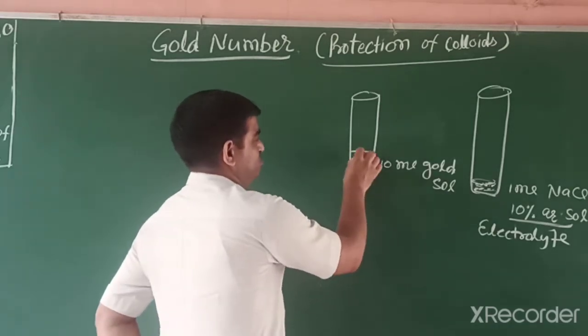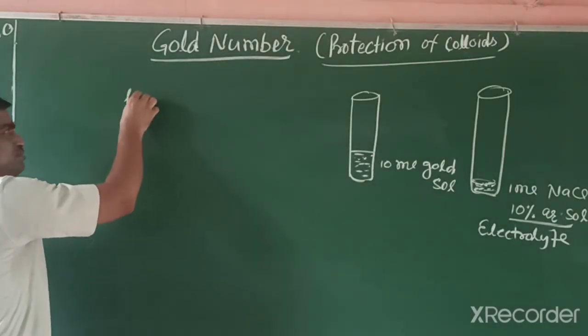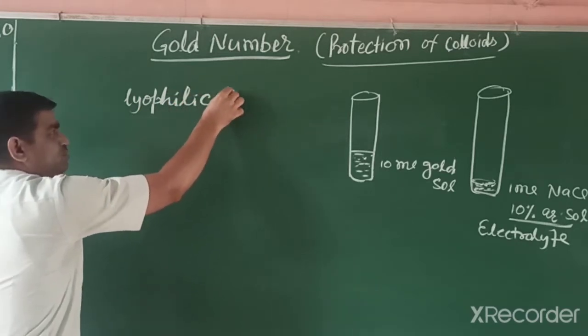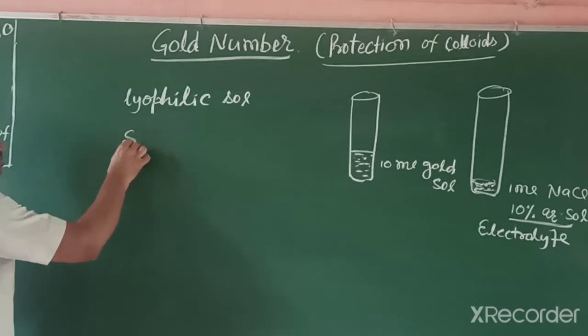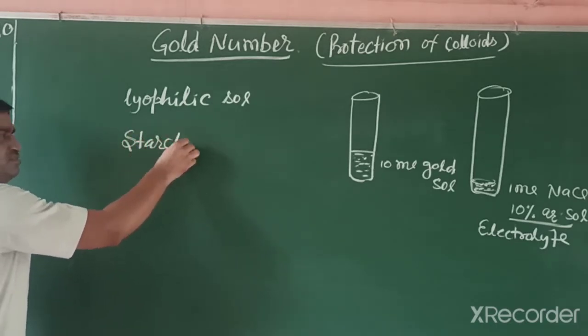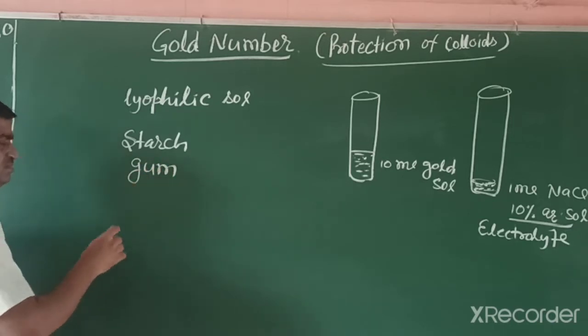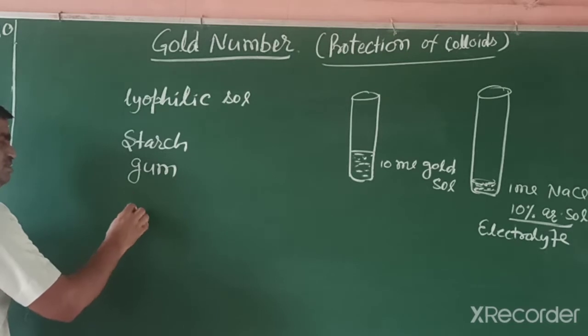So what we'll do is mix a lyophilic sol into this. Either we mix starch, which we already discussed, or we can mix gum arabic, or we can mix gelatin.